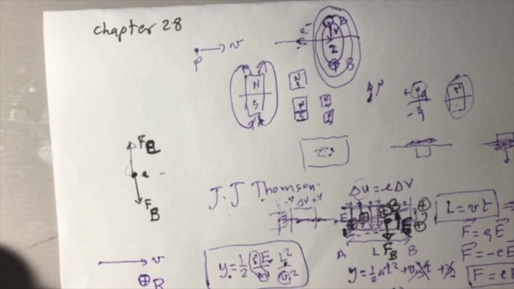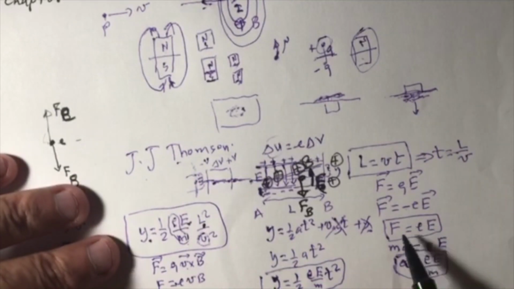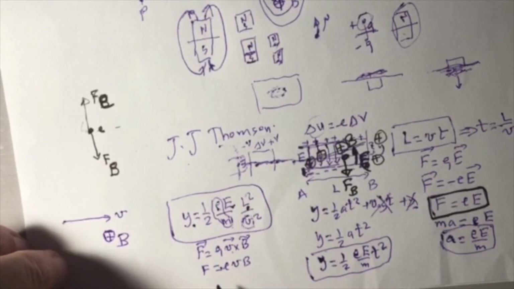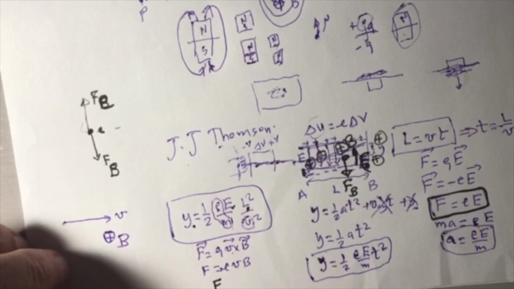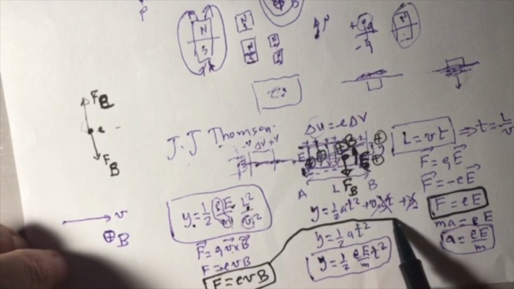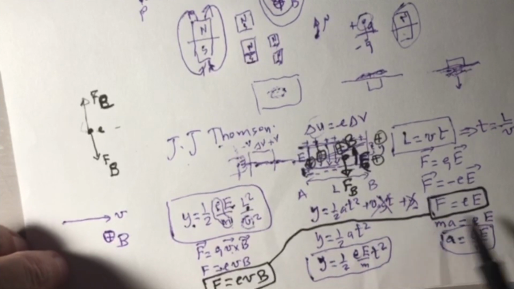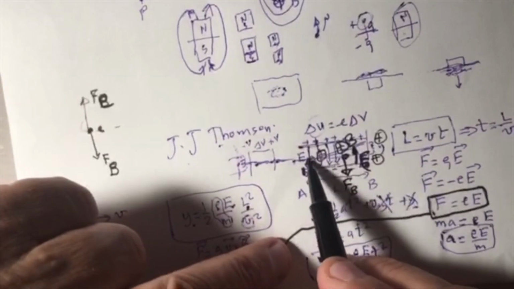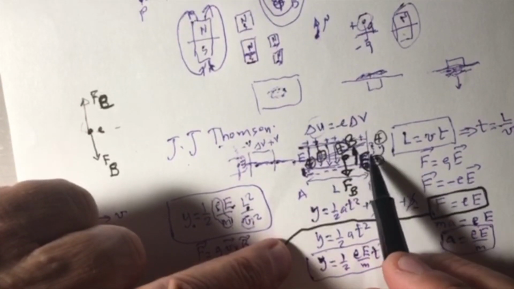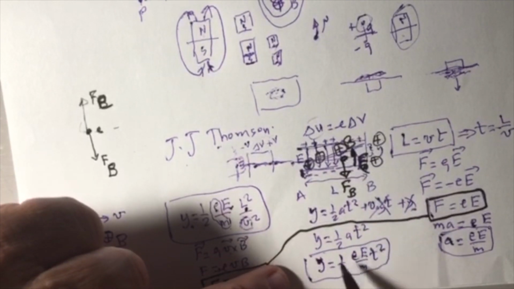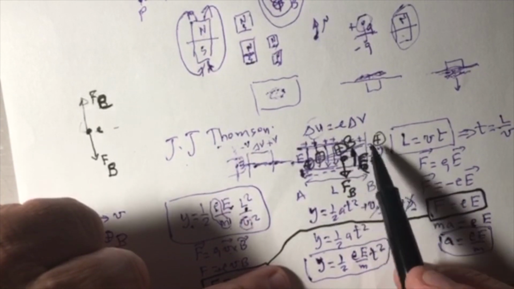Now, if the forces are equal to each other, we can do this. Let me use the magnitude. F is equal to eVB. This force and this one are equal to each other. You can tune it, and once the electron is aligned, you no longer have that Y that he found before.